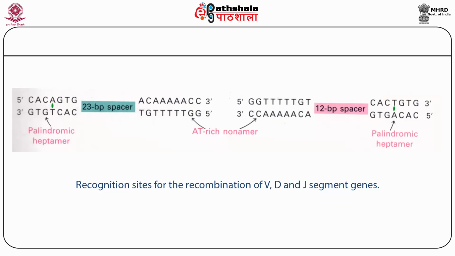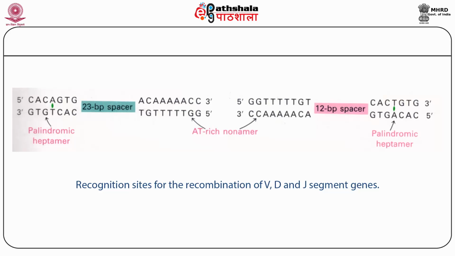Recombination can occur between sites characterized by 23 base pair and 12 base pair, but not between 23 base pair and 23 base pair, nor between 12 base pair and 12 base pair.